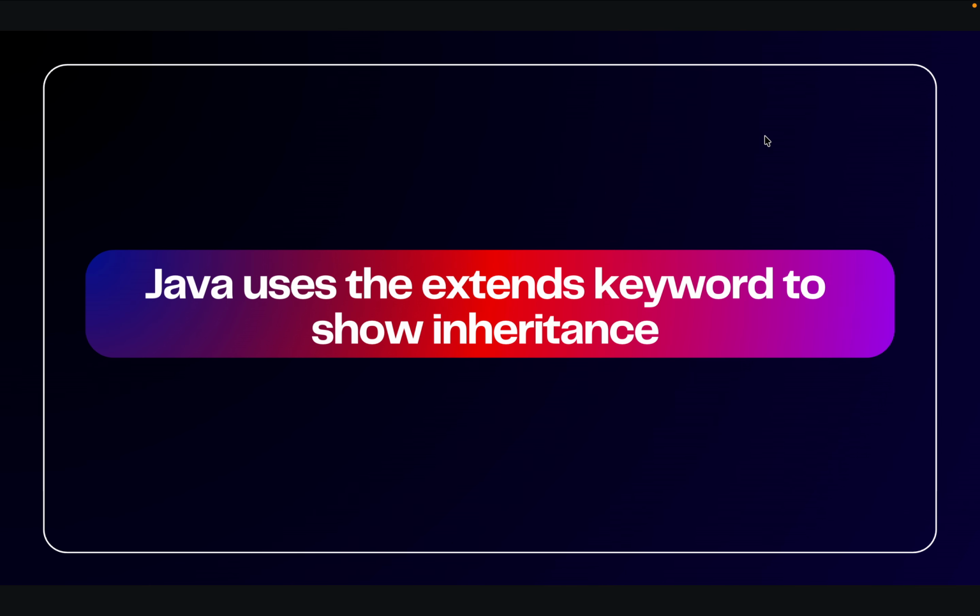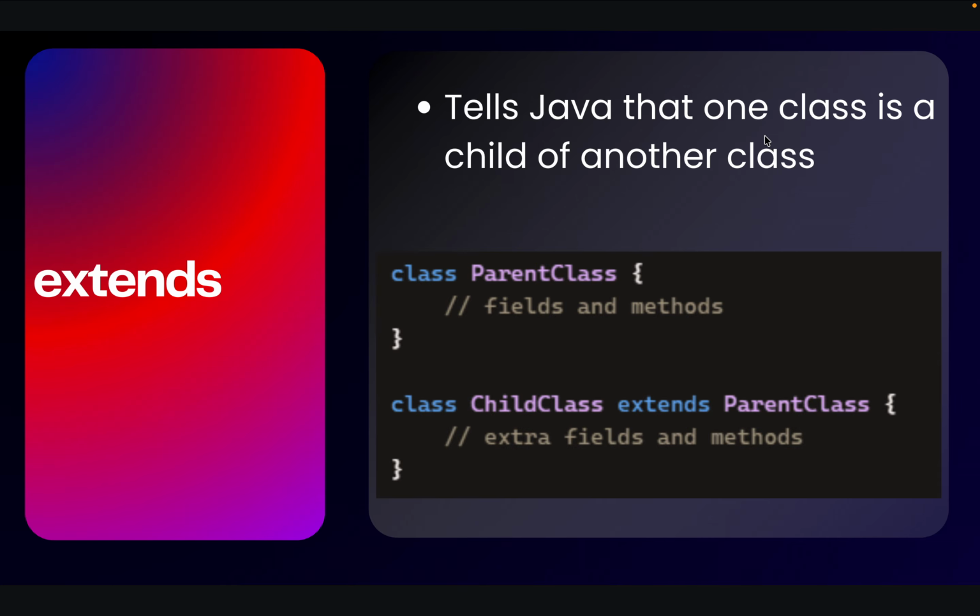So to use inheritance in Java, you would use the keyword extends. Extends is basically just used to tell the Java compiler that one class is an extension of, or inherits from, another class. If we take a look at the syntax on the screen, you see that we have class ParentClass.